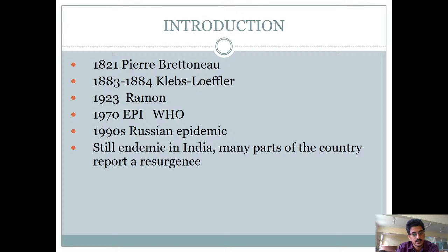It is still endemic in India and many parts of the country, because of poor vaccination in some states in India. So this is the importance of diphtheria, because knowing diphtheria is not the thing, but we should mostly improve immunization, so that we can prevent the disease.